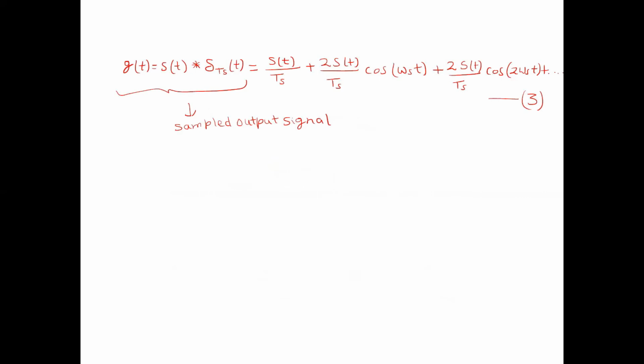When we multiply the original message signal s(t) with this Fourier representation of the sample pulse train, it becomes s(t) multiplied with the sampling frequency term and 2s(t) multiplied with the sinusoidal harmonics. This is the sampled output signal that we are interested in. We expect that if we take the inverse Fourier transform, we can recover the whole original signal. This is in the time domain.